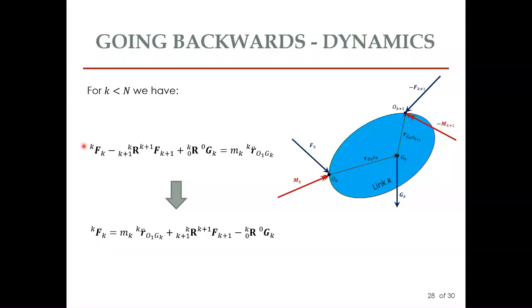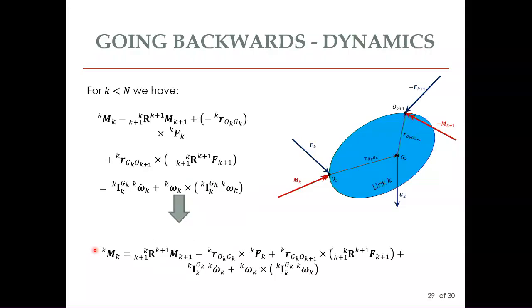And so, okay, this is the linear Newton-Euler equation from which I can obtain fk. And now this is the angular Newton-Euler equation from which I will be able to obtain mk. Okay, so let's look at that. We are working in frame k about point gk.